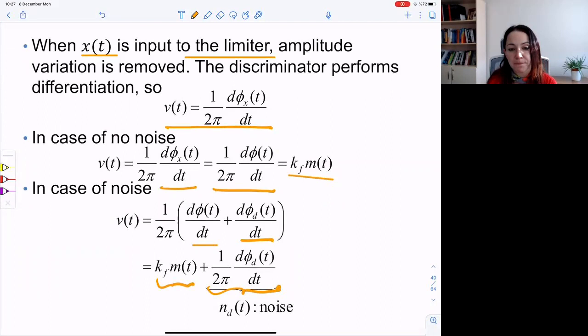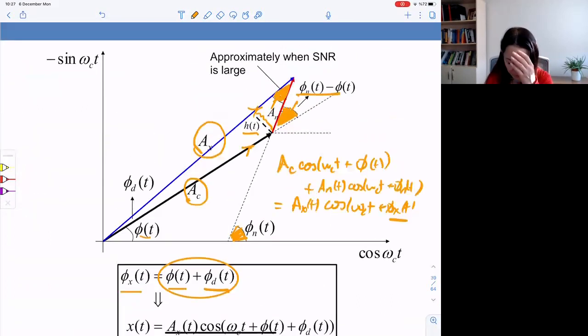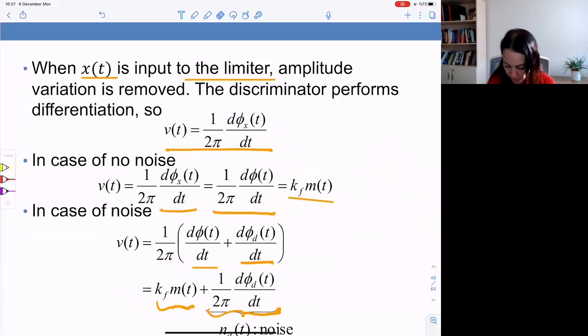We've been able to achieve additive noise because of modeling this angle phi x as phi of t plus phi d.